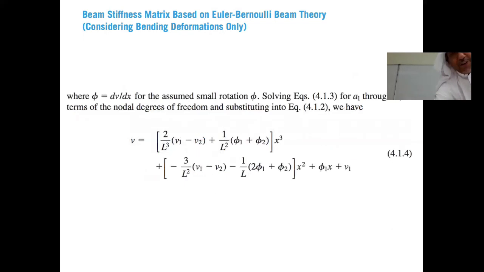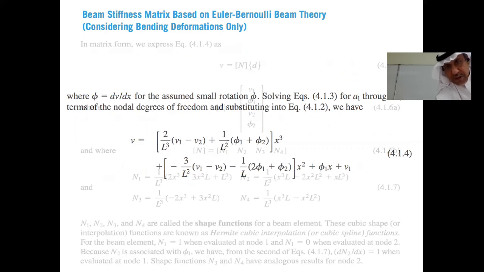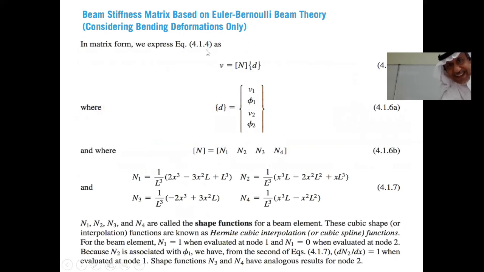This is not a good form because it's not clear what V1 and V2 are. The deflection equals the 4 shape functions multiplied by the degrees of freedom. This one is a row, N1, N2, N3, N4, and this one is a column, because at the end, deflection is a scalar, right?